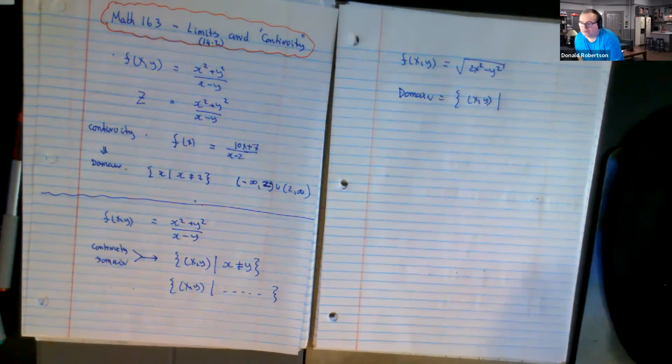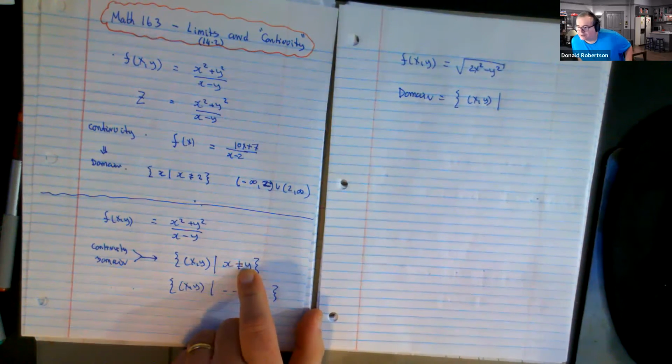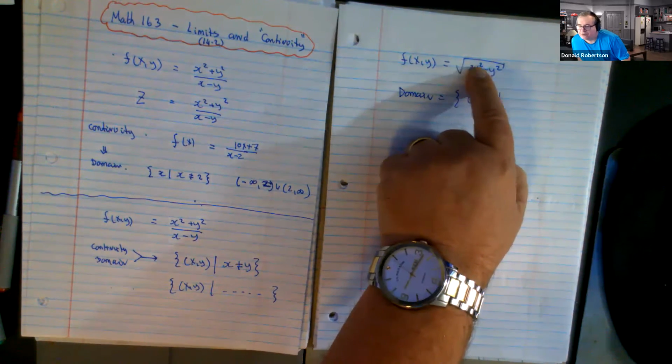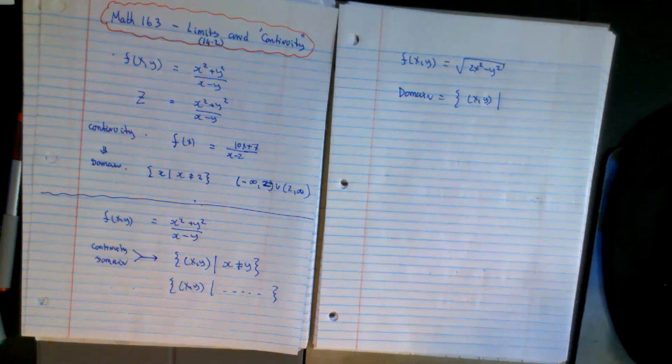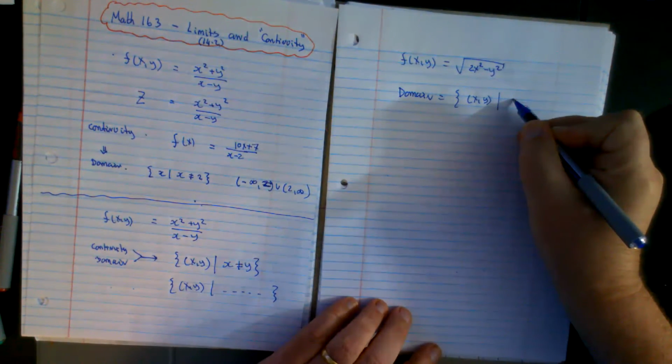So let's do it in terms of what has to be true rather than what's not allowed to happen, right? This was x is not allowed to be y. What would the domain be for this function, and therefore where it's continuous? Well, y would have to be smaller than 1/2 x.